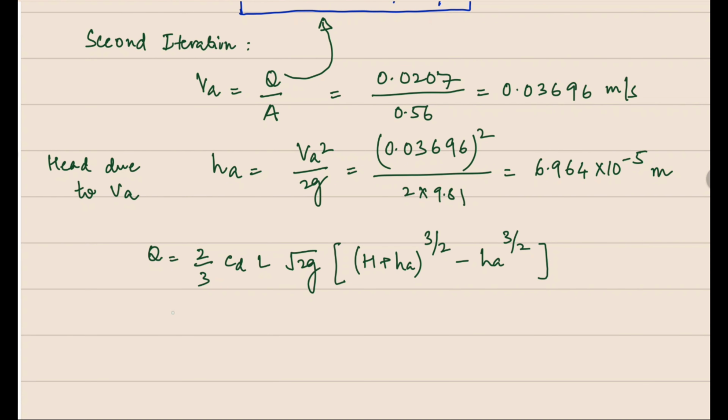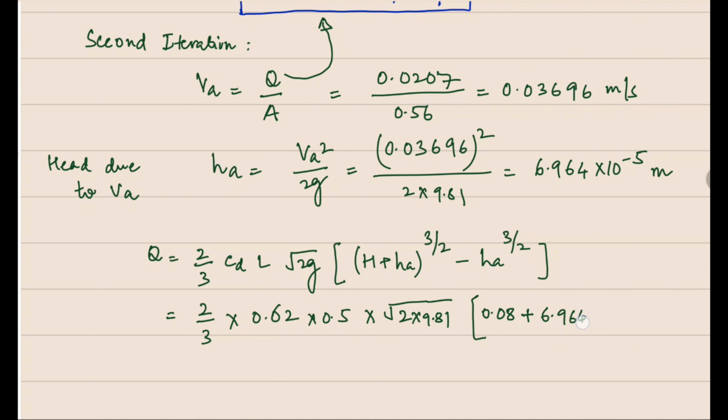And then if we put in all the values: 2 by 3, CD 0.62, L is 0.5, multiplied by under root 2g, this is 9.81, multiplied by (H, which is given to us, 0.08, plus HA, 6.964 times 10 to the power minus 5), and overall raised to the power 3 by 2, minus 6.964 times 10 to the power minus 5 raised to the power 3 by 2.